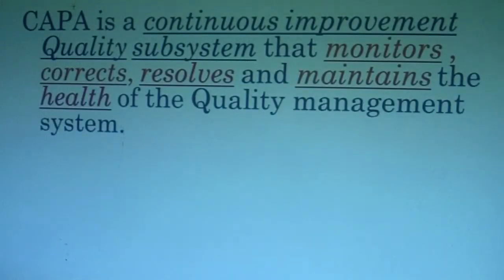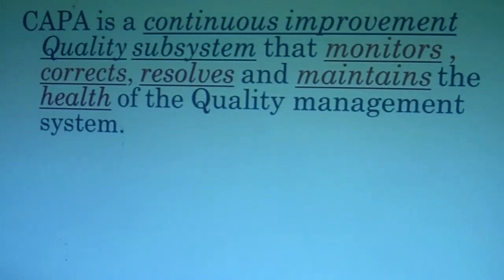All you need to know, the most important piece for you, is that CAPA is a continuous improvement quality subsystem that monitors, corrects, resolves, and maintains the health of the quality management system.